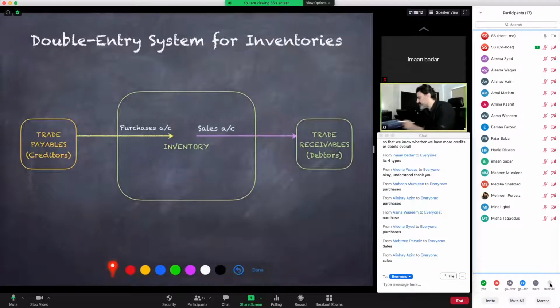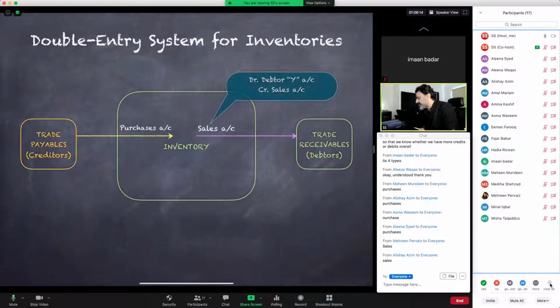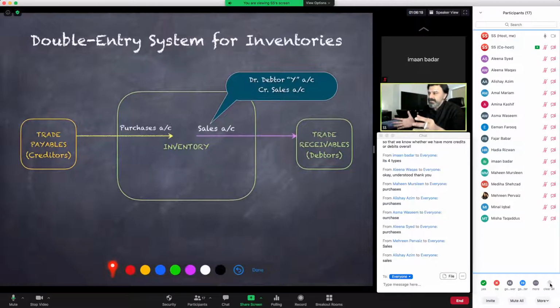And now how do we journalize this entry? You can see we will debit the debtor Y's account, whoever the person involved, and we will credit the sales account. Why are we crediting sales account? Because you can see this inventory movement is causing you to lose your inventory. Your asset of inventory is going down. So that is why sales account is going to be credited. Understood?